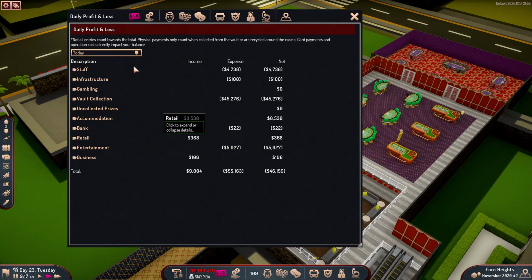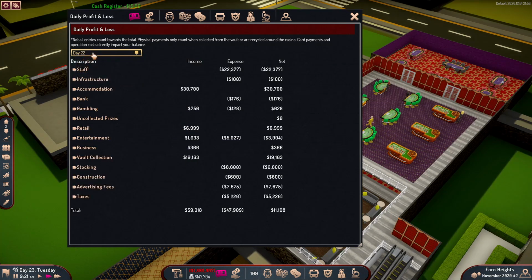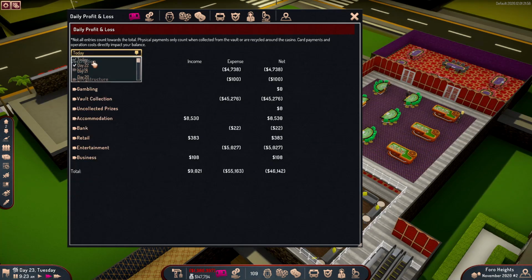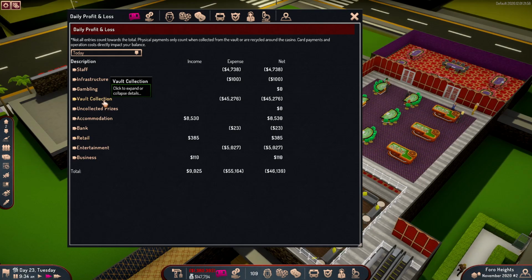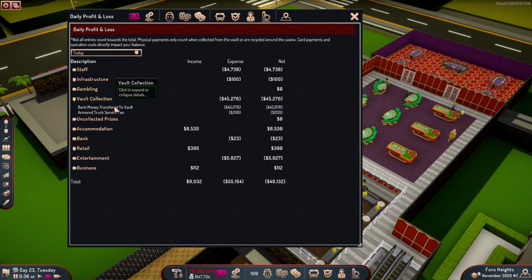When you're looking at this screen in your profit and loss statements, and I look at day 22, actually, let's look at today. When the armored truck came right after midnight, I look at my vault collection. This is where money is being transferred in and out between your vault and your bank. So looking at that, bank money transferred to vault: taken out of my red area here, my cash, and then deposited into my cash vault.